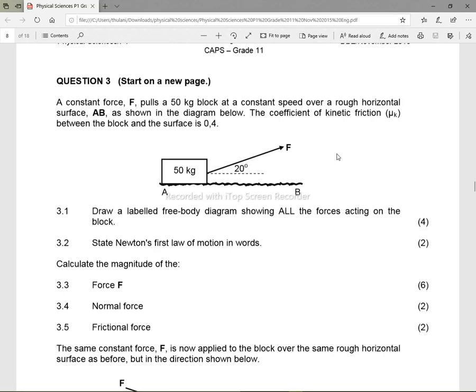They say a constant force F pulls a 50 kg block at a constant speed over a rough horizontal surface. A rough horizontal surface means that there is friction present there, and they say AB is shown in the diagram below, meaning that the force pulling this 50 kg block is just from A to B there, you understand?